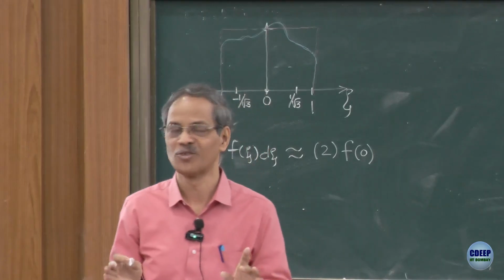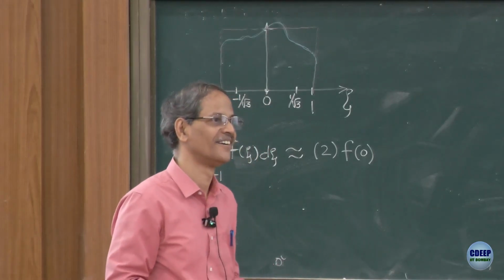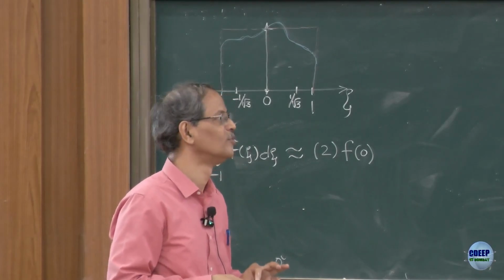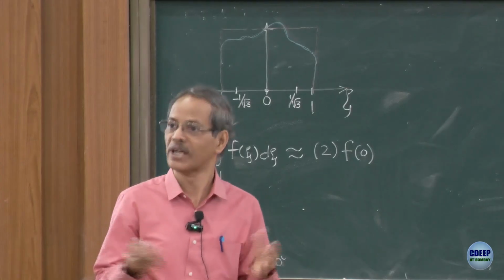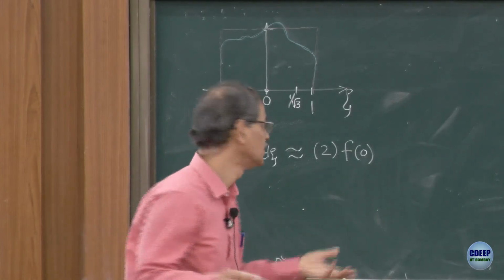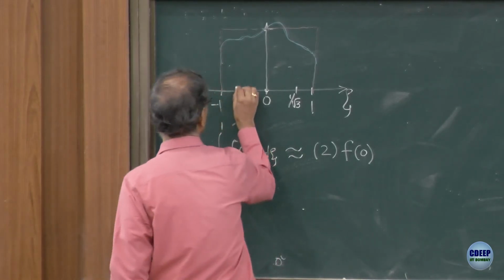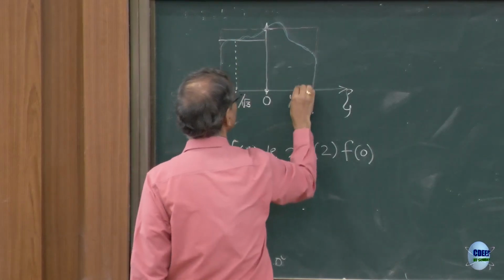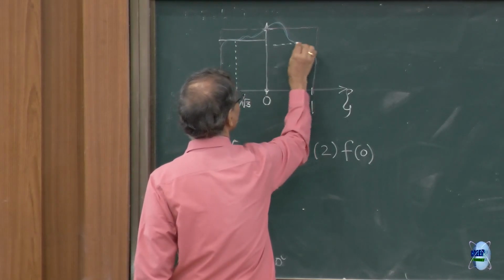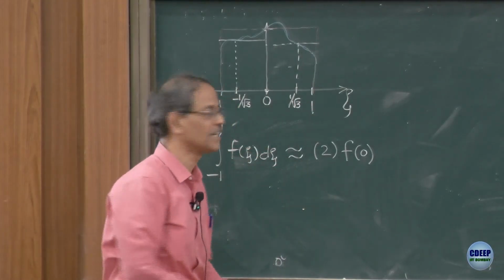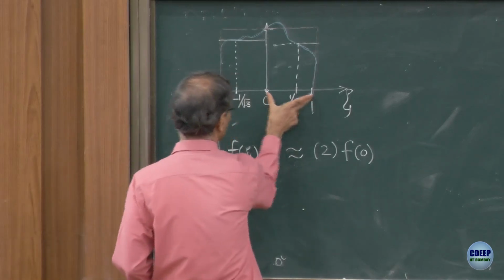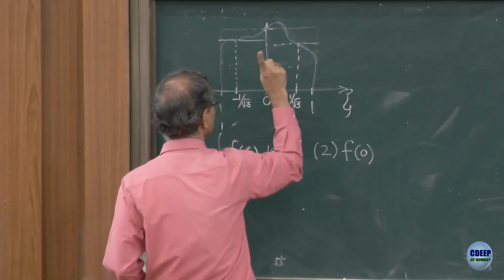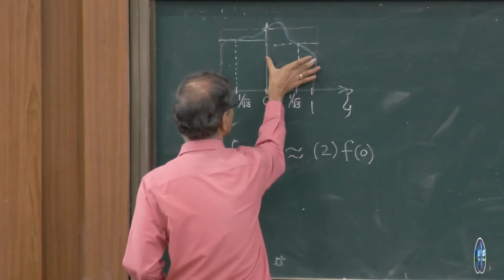1. So, essentially, what is he asking you to do? 2 rectangles, correct? 2 rectangles. Whatever is the value here, 1 is this interval, 1 is this interval: value of the function multiplied by this unity, value of this function here multiplied by this interval.